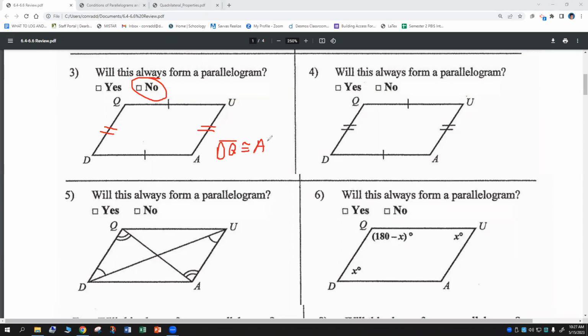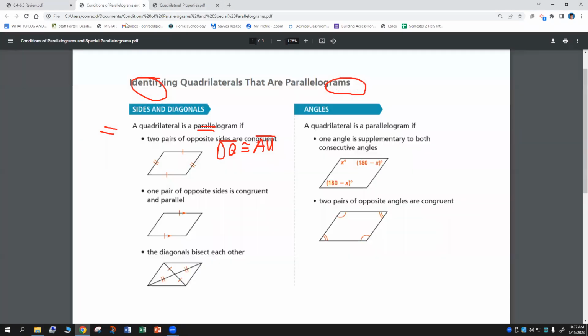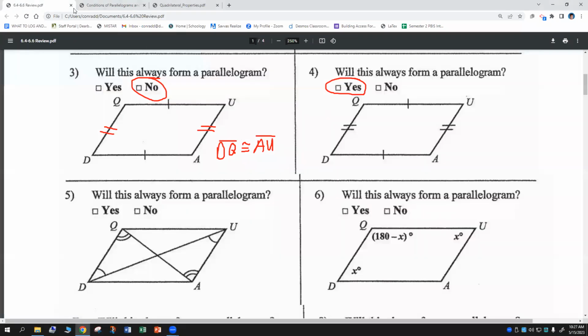If those 2 opposite sides are equal, then it's going to be a parallelogram because you would have 2 pairs of opposite sides that are congruent. Number 4, we're going to say yes, because we already do have 2 pairs of opposite sides that are congruent.